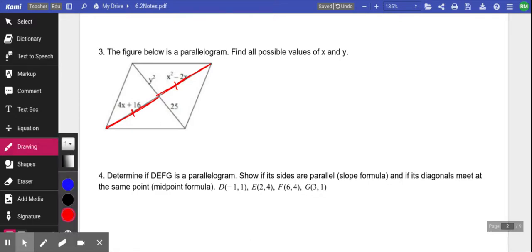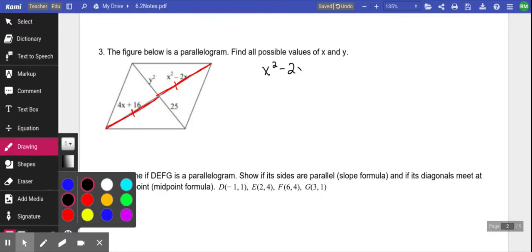So we can set up an equation. We can set up x squared minus 2x equals 4x plus 16. Notice the squared, which means that we're going to have to do X-Men here. Okay, so you can go ahead and try that one.